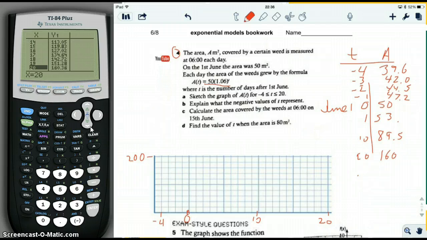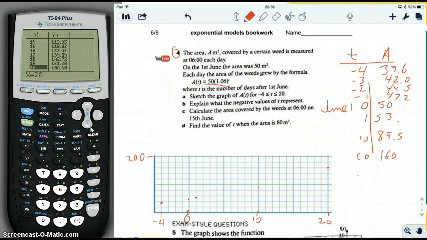And 20, 160 is the highest point, so that would be there. 89.5 would be about there. 53 would be about there. And 0, 50 would be right there. And -4, 39.6 would be about there.